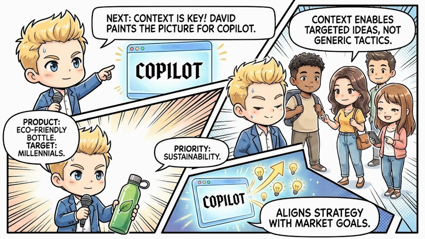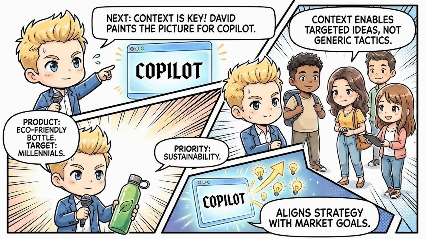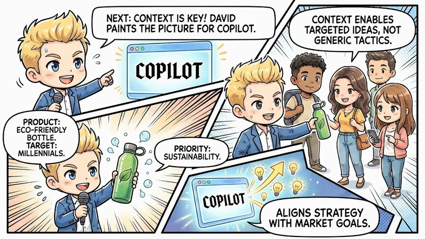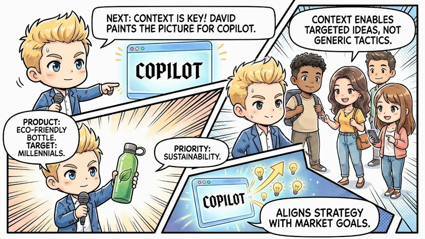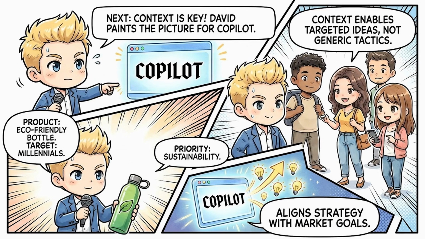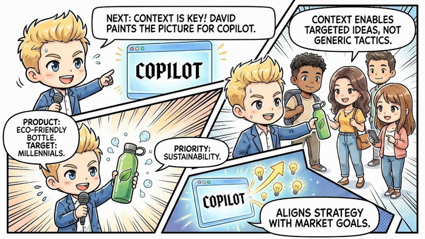Next, David must provide the necessary context. This is where he paints the picture for Copilot, giving it the background information essential for tailoring its response. He needs to specify who the target audience is and what the product's unique value proposition entails. For his eco-friendly water bottle, David needs to explain that the product is specifically aimed at millennial consumers who prioritize sustainability.